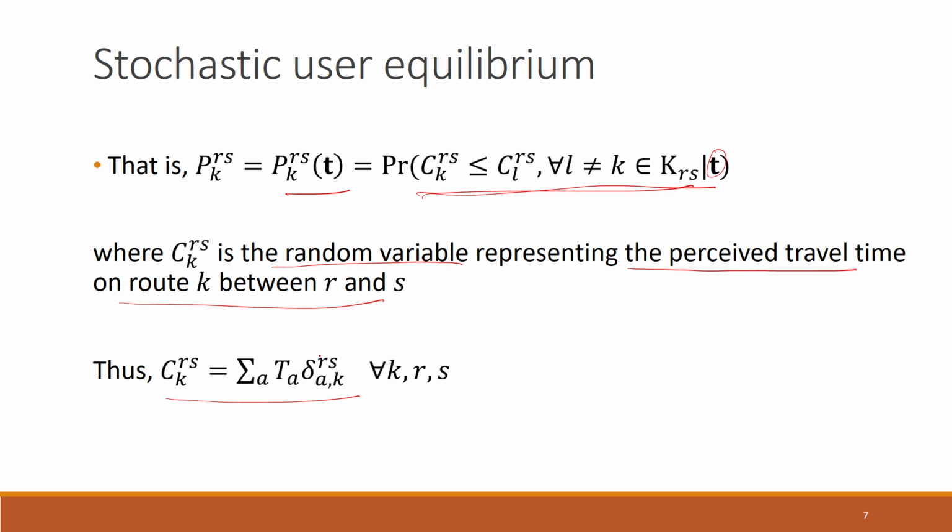Again, these are similar to what we have seen before. So now these link travel times and the path travel times are connected by this parameter delta AKRS. This is equal to 1 if link A is part of the kth path from R to S and 0 otherwise. So these values of delta AKRS can be derived from the network structure.